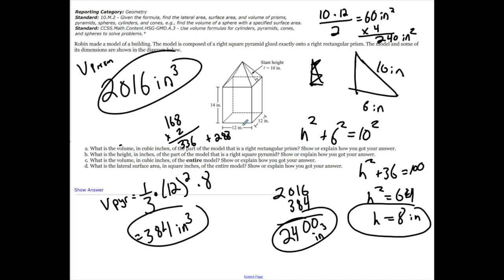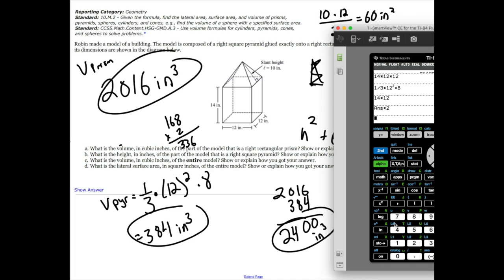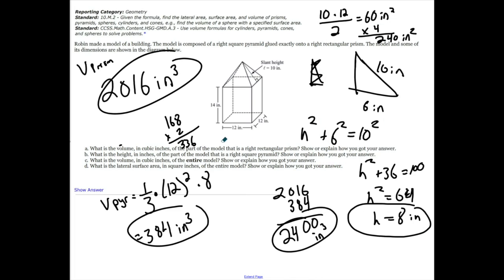Actually, those would be 12 times 14s, wouldn't they? So actually, this is 1, 2, 3, 4 12 by 14s. So that would be 672. So I've got 4 of these for 672, the base of 144, and then the top of 240.